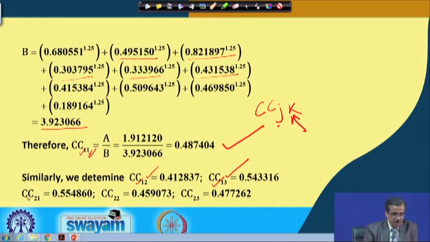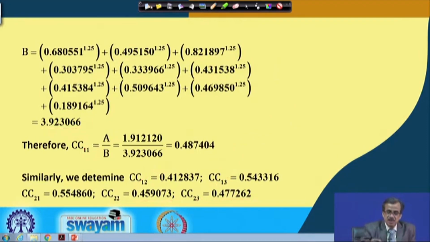Similarly, we can find out CC21, the first dimension of the second cluster center, and CC22, the second dimension of the second cluster center, that is 0.459073. By following the same procedure I can also find out CC23, the third dimension of the second cluster center, so I will be getting this numerical value.